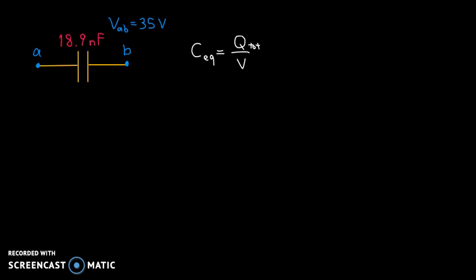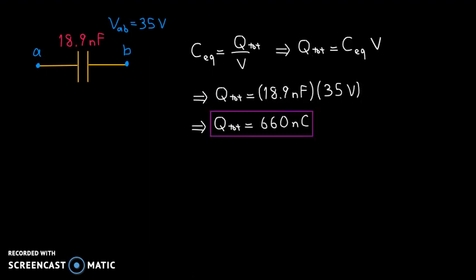Now, in the case of the equivalent capacitance, it's going to be equal to total charge, again divided by the applied voltage across the terminals of the entire system. Isolating Q total and substituting the numerical values, I get total charge equals 660 nanocoulombs. Here I kept 2 significant figures in my final answer.